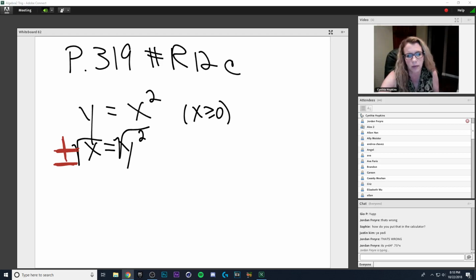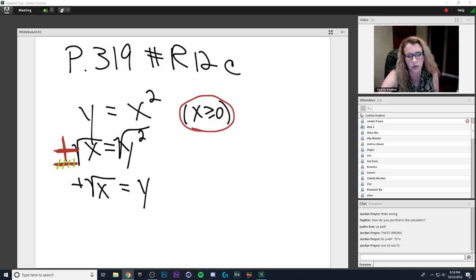However, in this problem, because they said to let x be greater than or equal to 0 for the original function, since we're switching our x's and y's to find this inverse function, that means that I need to make my y greater than or equal to 0. So for that reason, we're going to drop the negative part. Otherwise, when you take the square root of both sides of a quadratic, you do say, don't forget plus or minus. So I'm just going to have the positive square root of x.